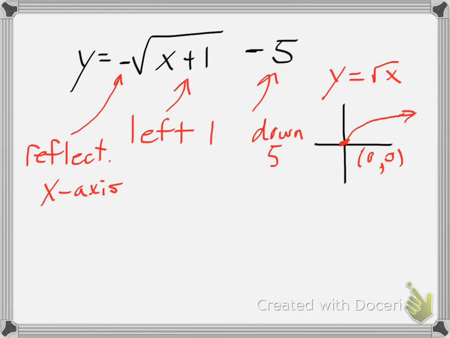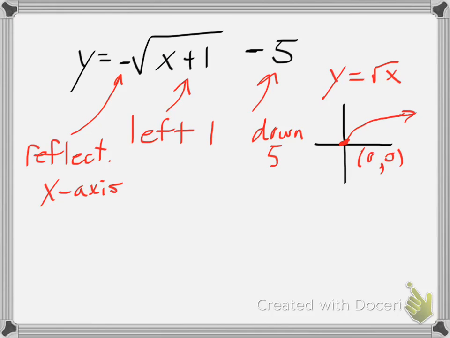The way I like to remember is very much like horizontal translations. I think in opposites. If, for example, the negative were inside the radical in front of the x, or in front of my variable. But I'll say x because it helps me remember. So in front of the x directly, as you see here in red, has a reverse effect, so it would be a reflection over the y-axis.